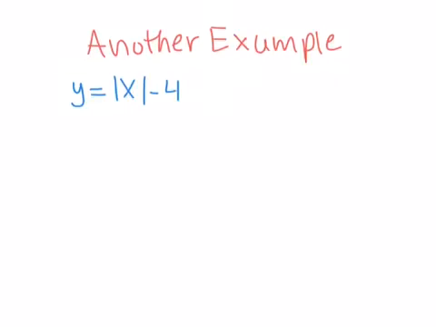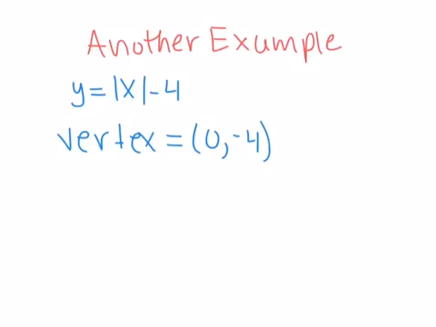In this example, you can tell that the vertex is (0, -4). And you can also tell that there will be an axis of symmetry because it is an absolute value.